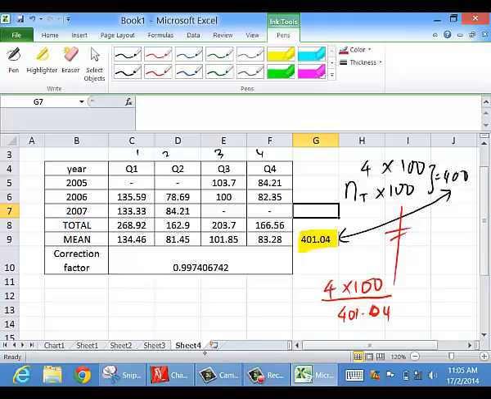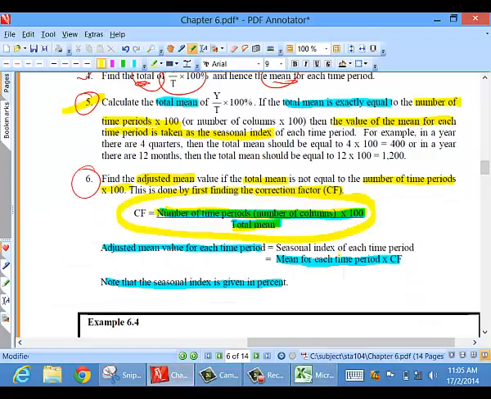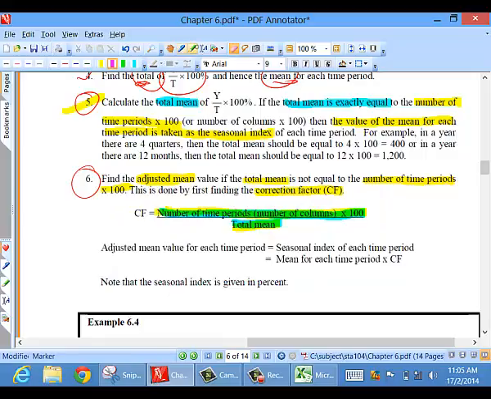Boleh good? So now, once you calculate the correction factor, now you need to find your adjusted mean. So your adjusted mean equal to seasonal index.